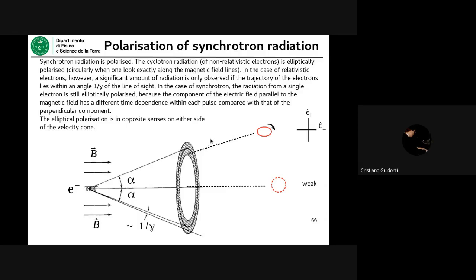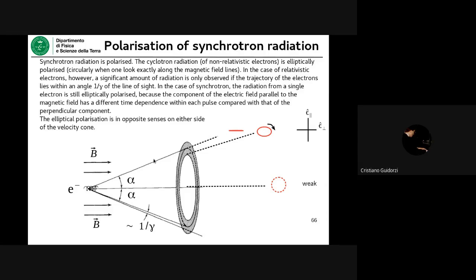The result is that you will see an elliptical polarization going this way. Looking at this plot, imagine this is projected on this plane. So when you are here, you see an elliptical polarization with the axis along the perpendicular direction higher than along the parallel one.